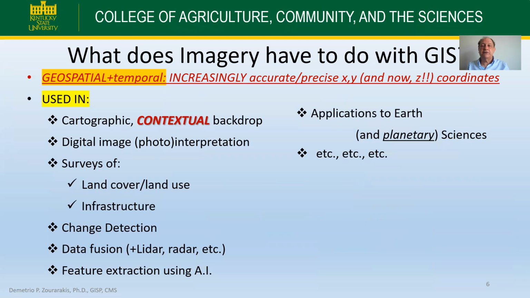So what does imagery have to do with GIS? It is geospatial in nature. Through a process of modifying or registering the image to the ground, the image is geospatial, it's georeferenced, and it can also be geometrically corrected, atmospherically corrected, et cetera.